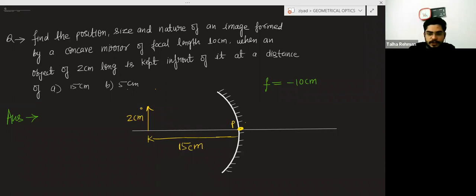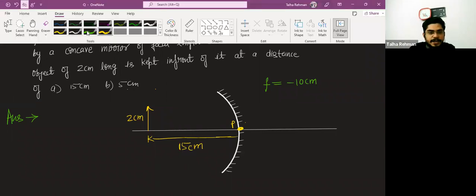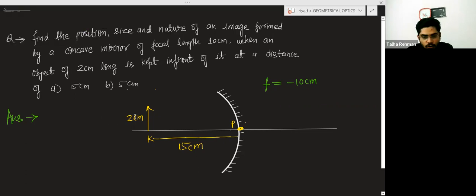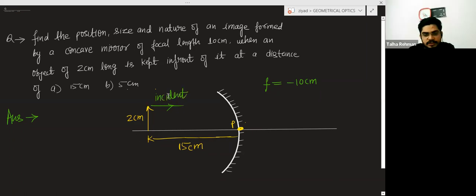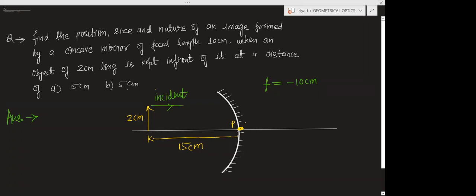So will we take the object distance negative or positive? You can see this is the object, and from this object the rays will be like this. This is the direction of the incident rays, so if you are going in this direction, you will take positive. Now you have to measure the object distance.